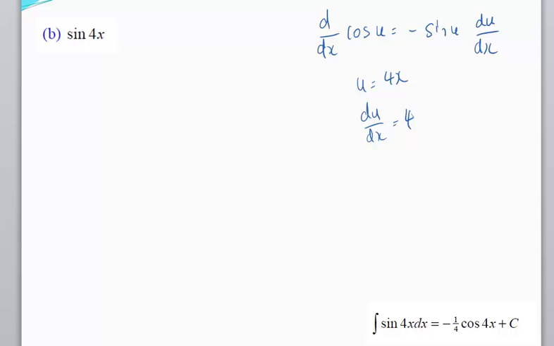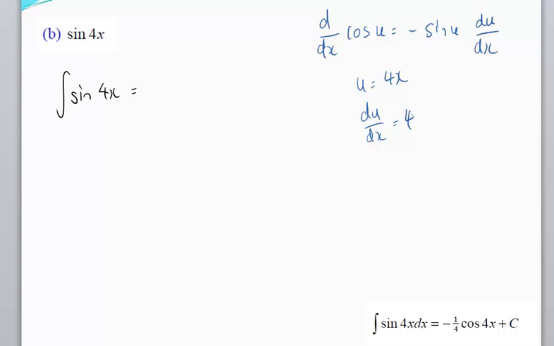We're wanting to integrate sine of 4x. To do this, we're going to have a minus involved at the end, and here we're going to have a 4.